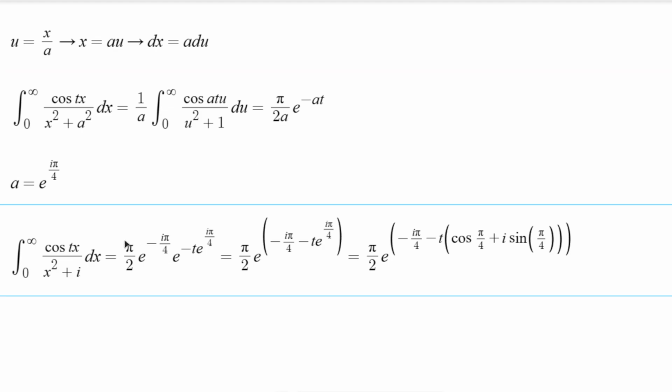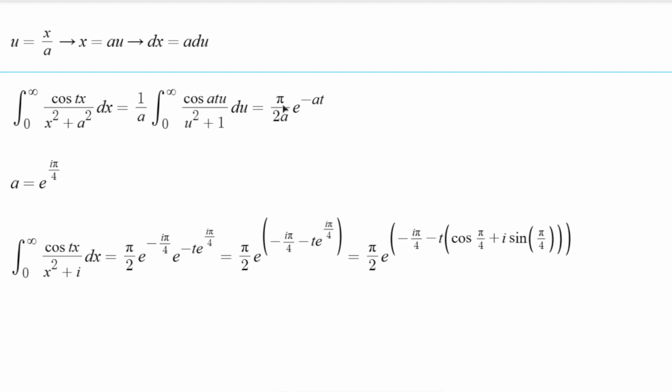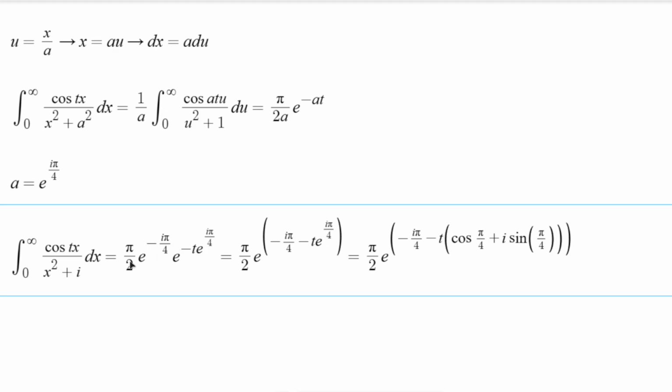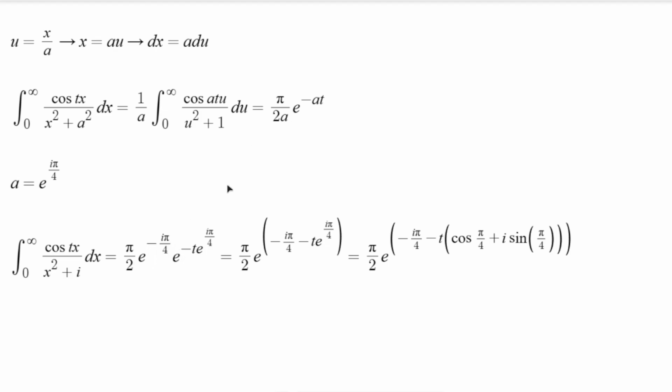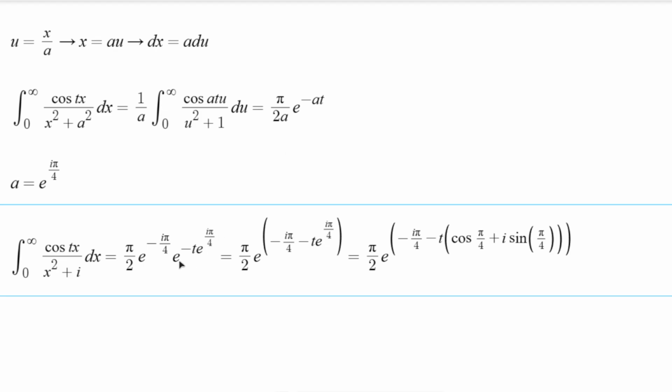You can see that we still have the pi over 2 right here. Our a in the denominator will become e to the negative i pi over 4, and then this becomes e to the negative t times e to the i pi over 4. And then I do some simplification. I combine exponents.